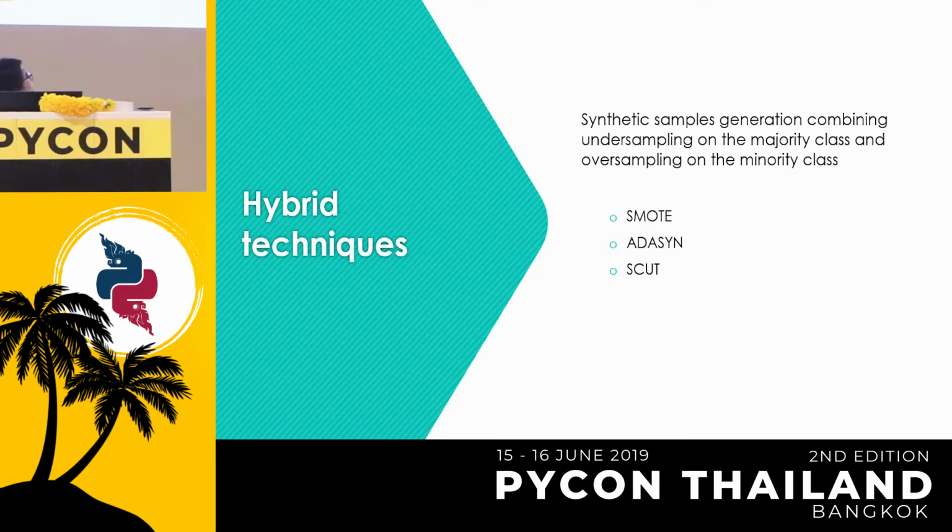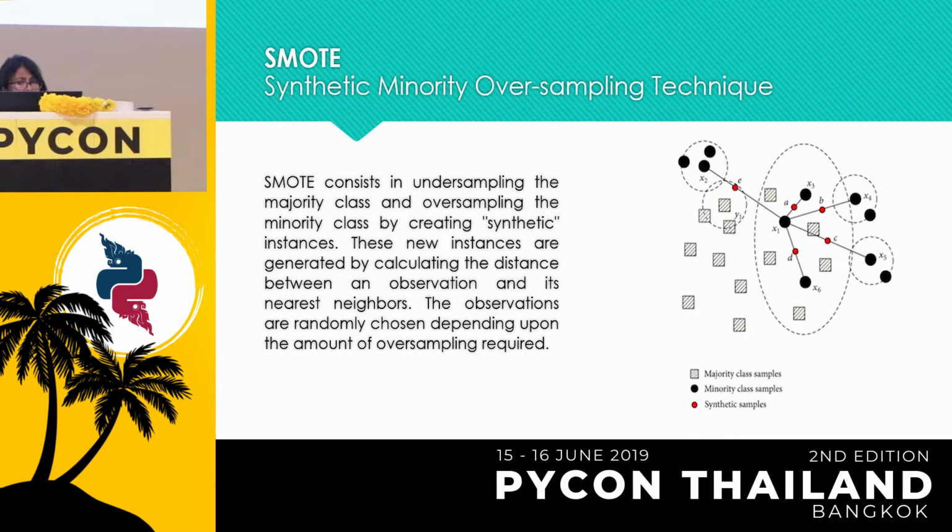One of the best-known methods for synthetic sample creation is SMOTE, which consists of, with these black dots being the minority class samples, first computing the distance between the k neighbors, and then creating a new sample along the distance vector.